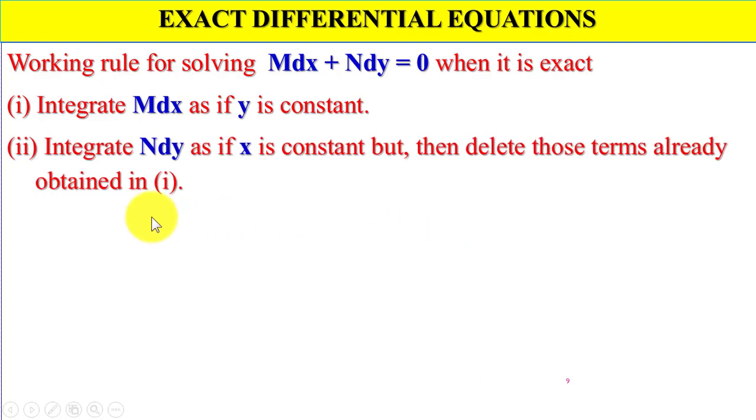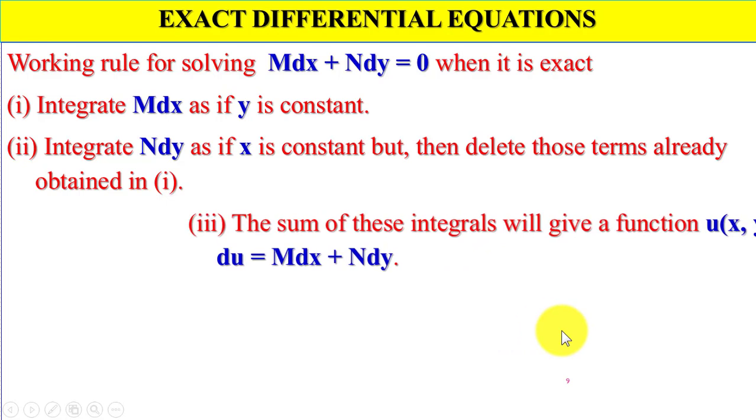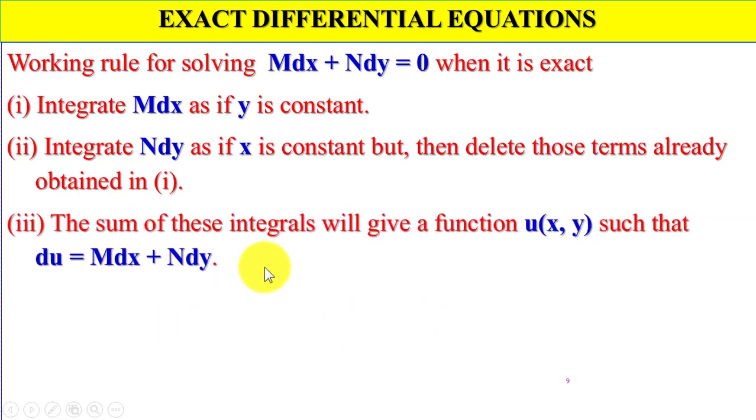Number 2, integrate N dy as if x is a constant, but then delete those terms already obtained in the expression 1. Number 3, the sum of these integrals will give a function, say u(x, y), such that du is equal to M dx plus N dy.